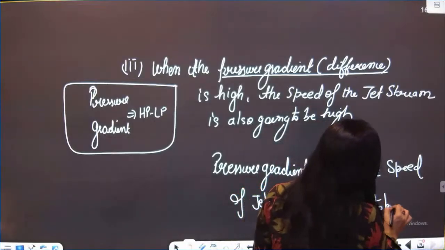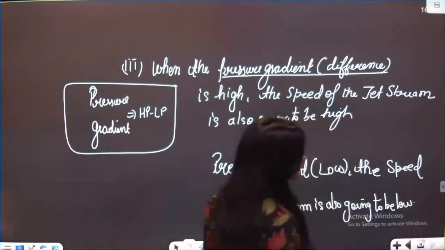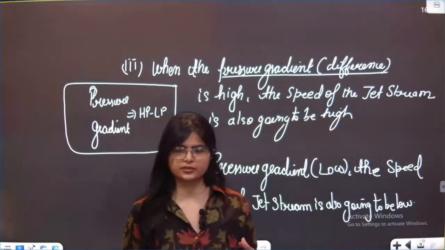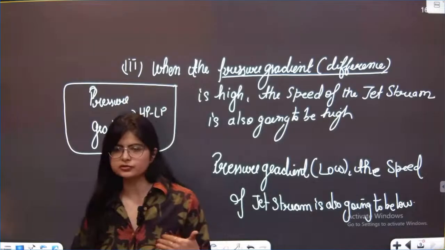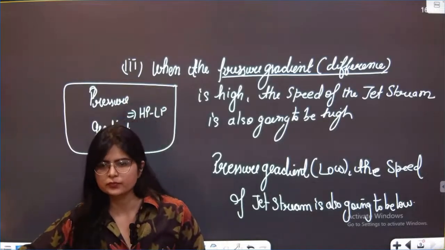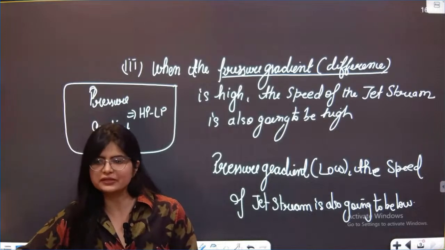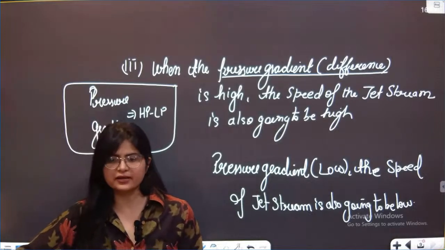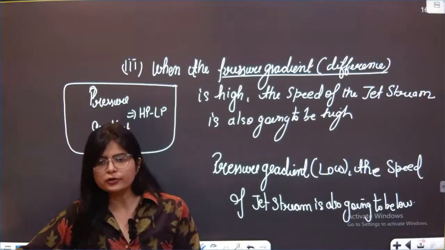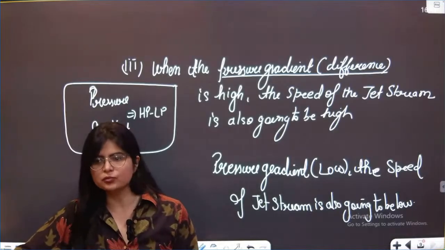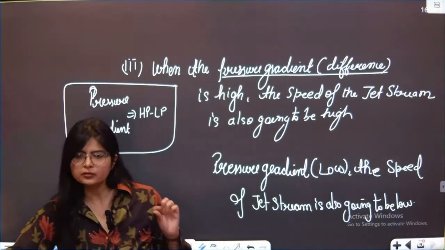See what happens when you try to do this climatology chapter or jet stream. These are very heavy topics if you try to understand them through books or any other PDF, because the language which is being used there is very, very heavy, very typical scientific language. So in order to clear the concepts, you won't need the books.